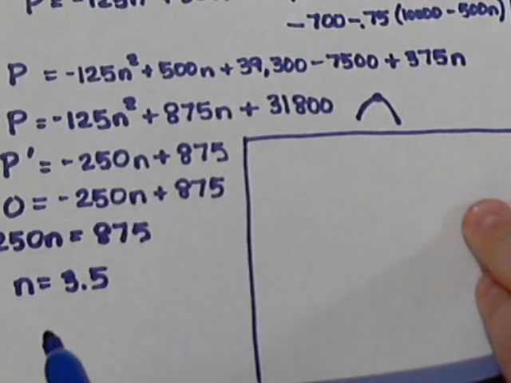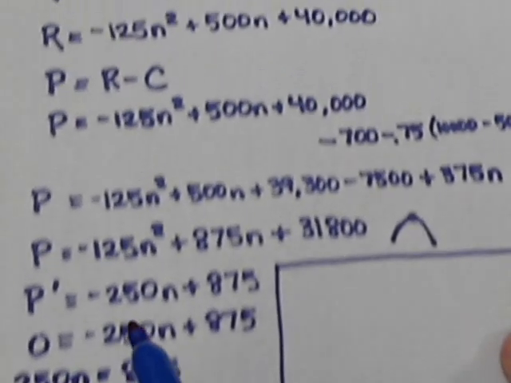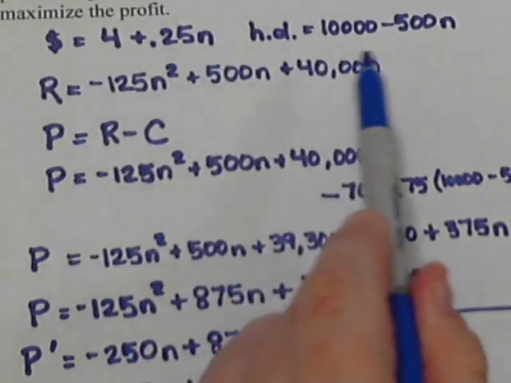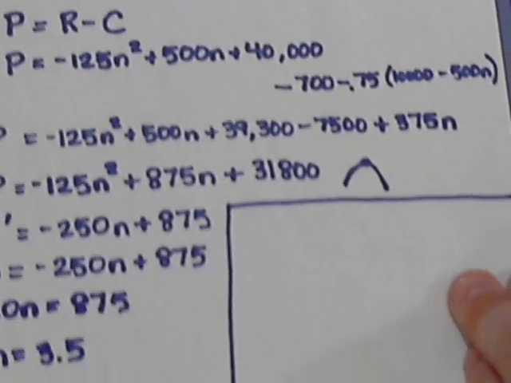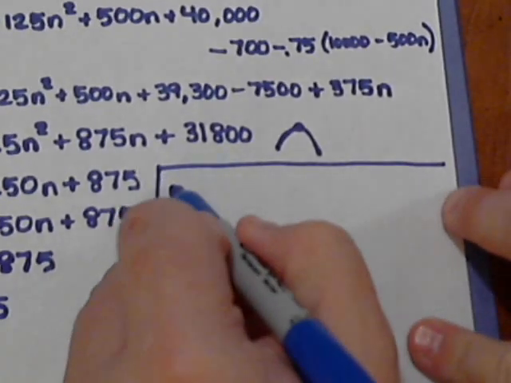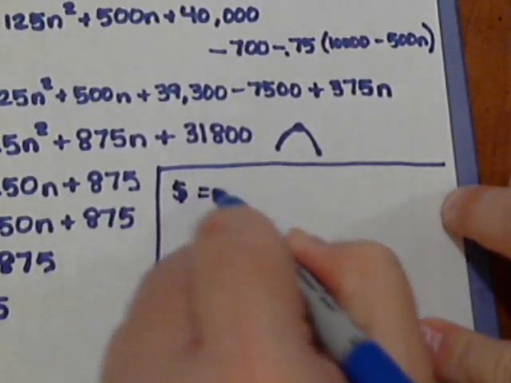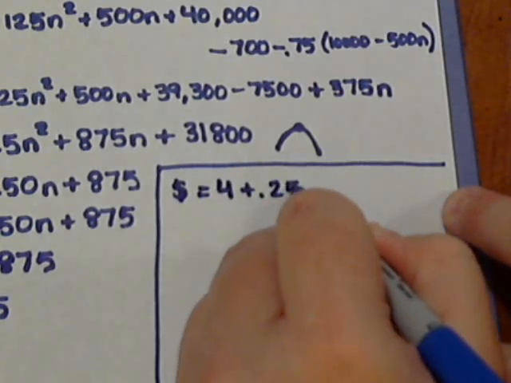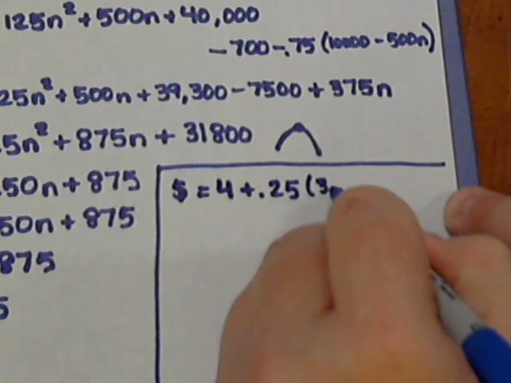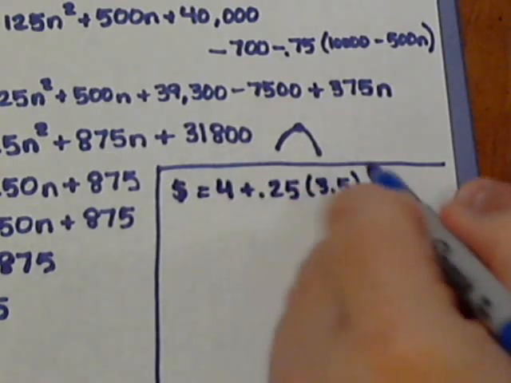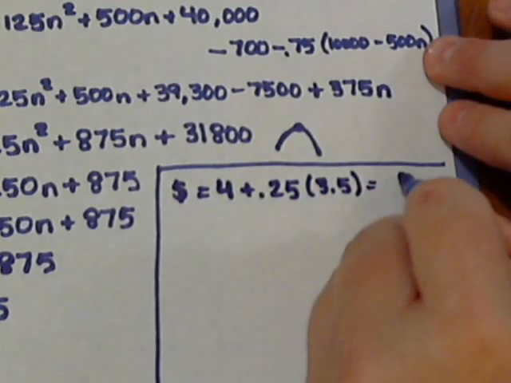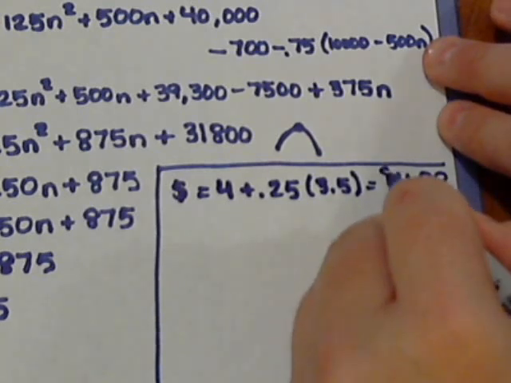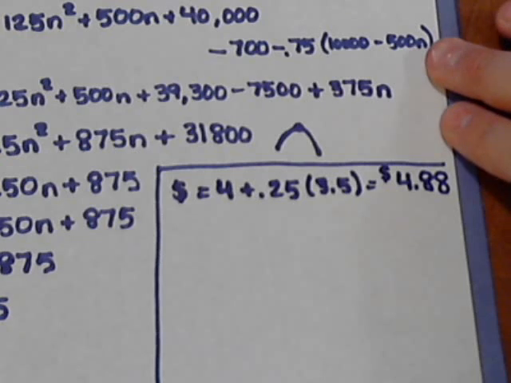So what do we do with the price and the hot dogs? Let's come back up here and remember our formulas for the price and the hot dogs. The price is going to be 4 plus 0.25n, where n is 3.5. This comes out to 4.875, but since we're talking about money, we're going to round that to $4.88.